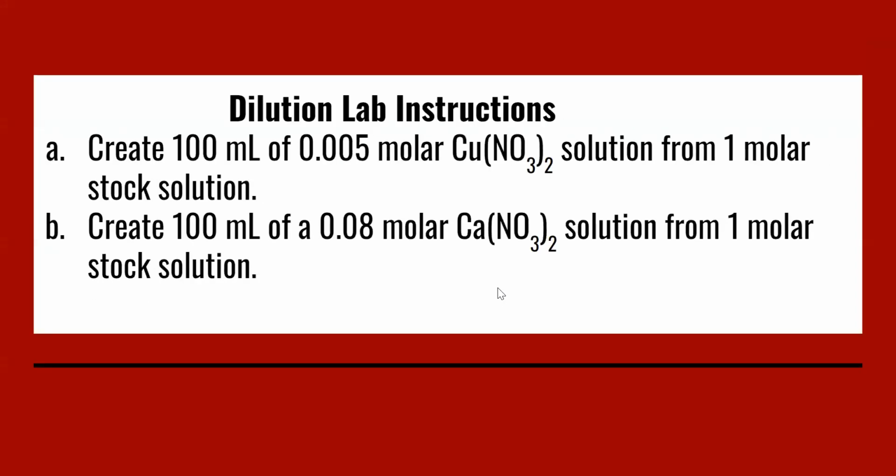What if you are given this in the lab? Create 100 ml of 0.005 molar copper 2 nitrate solution from 1 molar stock solution. Or create 100 ml of a 0.08 molar calcium nitrate solution from 1 molar stock solution.